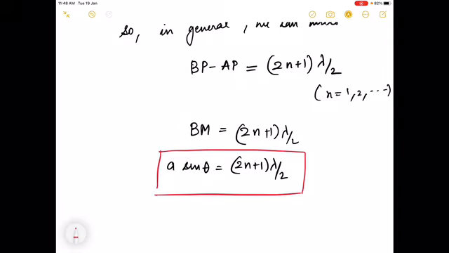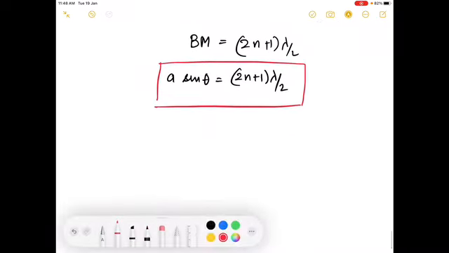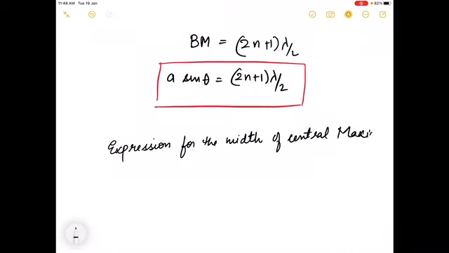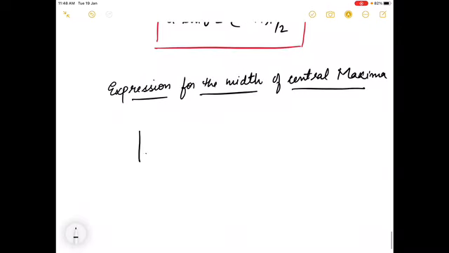Okay, now very fast, let's try to find the expression for the width of central maxima. Let me very quickly find the width of the central maximum. Very clearly we can see this will be the slit. This is the incident AB wavefront that is coming, and this distance is small a.